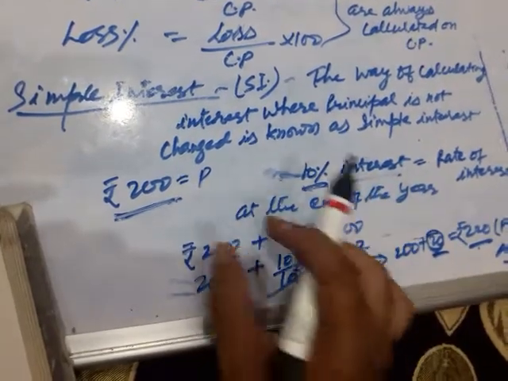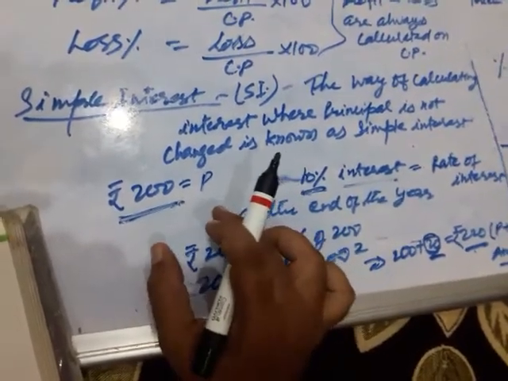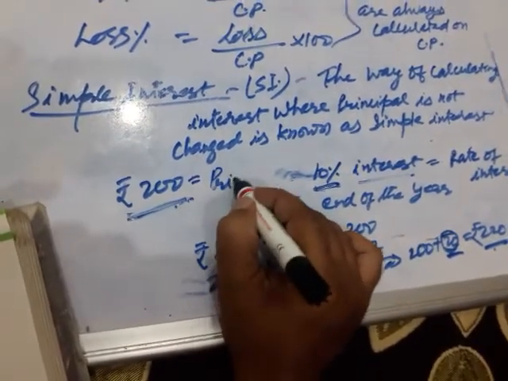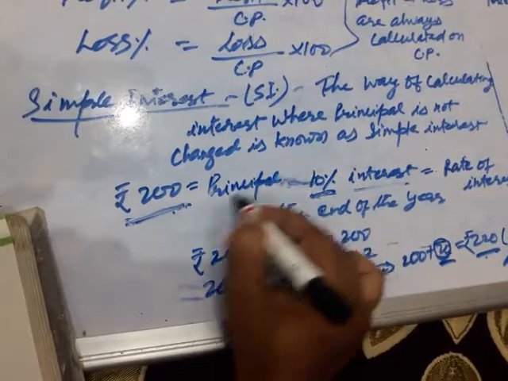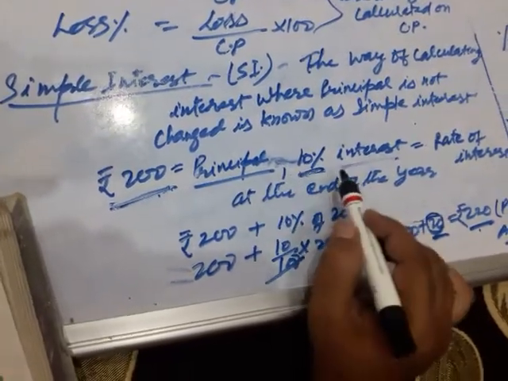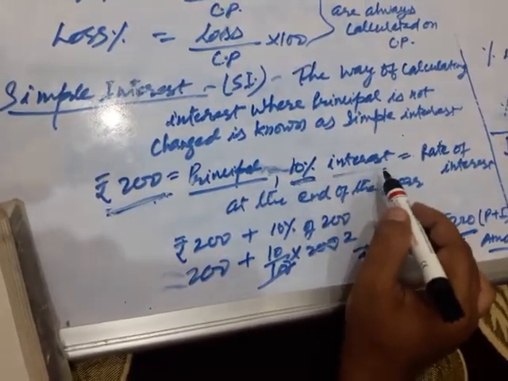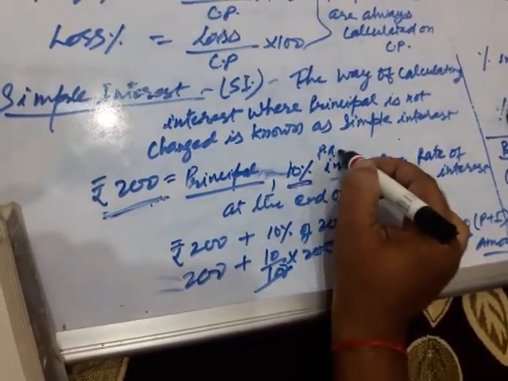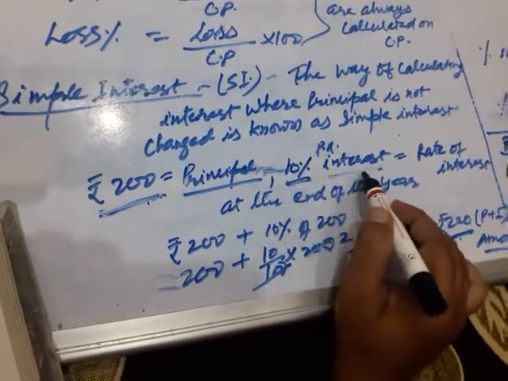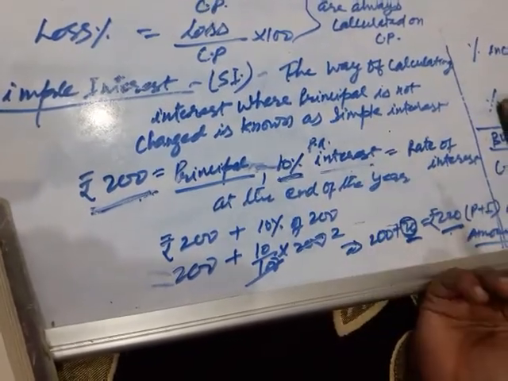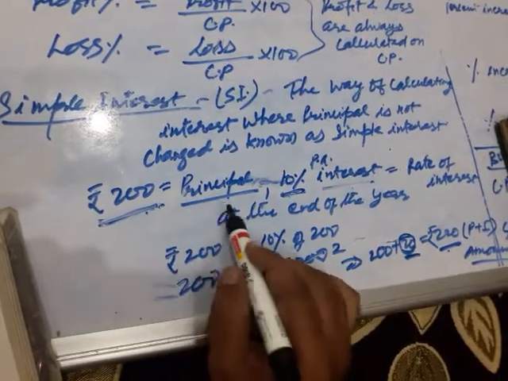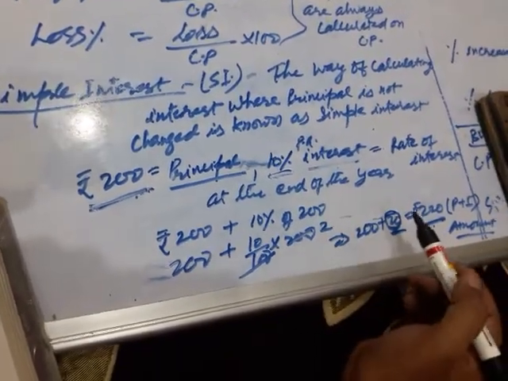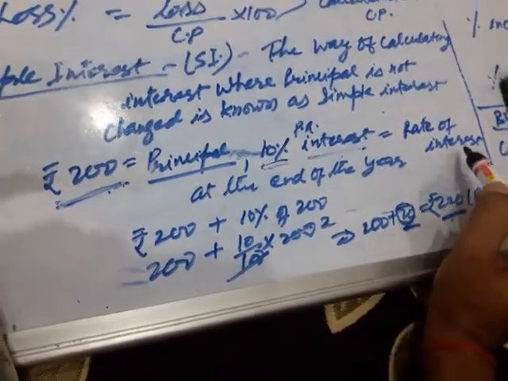This is principal amount, this is principal money. With the condition 10% per annum, which means per year. 10% per annum interest means at the end of 1 year, that person will return you 10% extra money other than 200 rupees. This is called rate of interest.